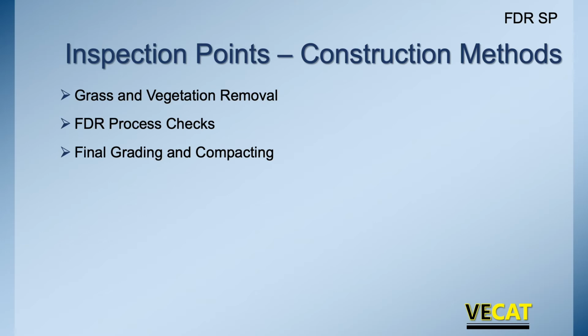Is our final grading and compacting correct? So are we putting some cross slope back on it if necessary, if that's what it's called for? Do we have the proper amount of density on this material before we start our next process, which would probably be either putting a couple lifts of asphalt on top of it or a surface treatment or a slurry surfacing to make that final pavement structure.